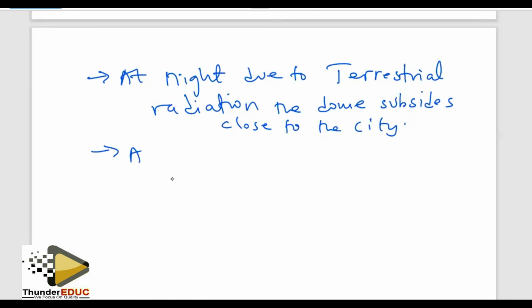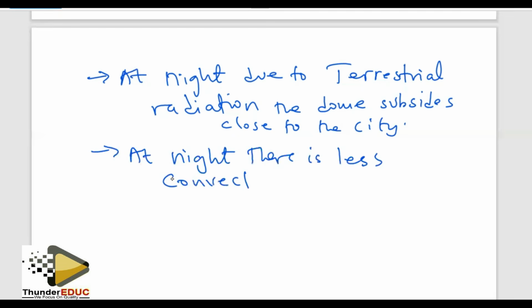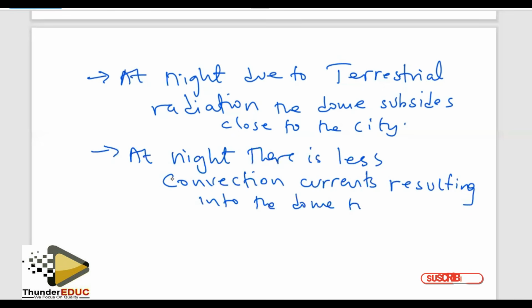Secondly, at night, there is less convection currents, resulting into the dome to move close to the city.